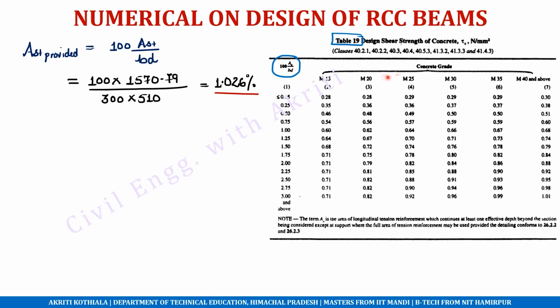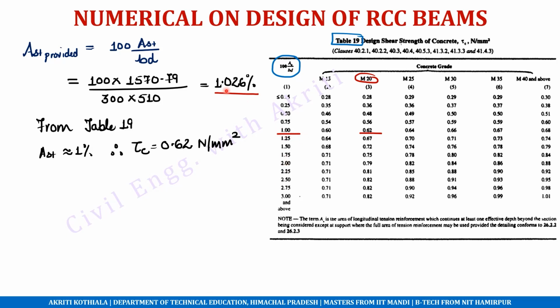Now, if we refer to this table, what we are getting is design shear strength of concrete, that is tau C. So tau C simply means what amount of shear will be resisted by concrete, and what cannot be resisted by concrete. For that we will be providing shear reinforcement. So we have provided an Ast value of 1% approximately, and we are using M20 grade of concrete. So for 1% of steel, the tau C value is 0.62.